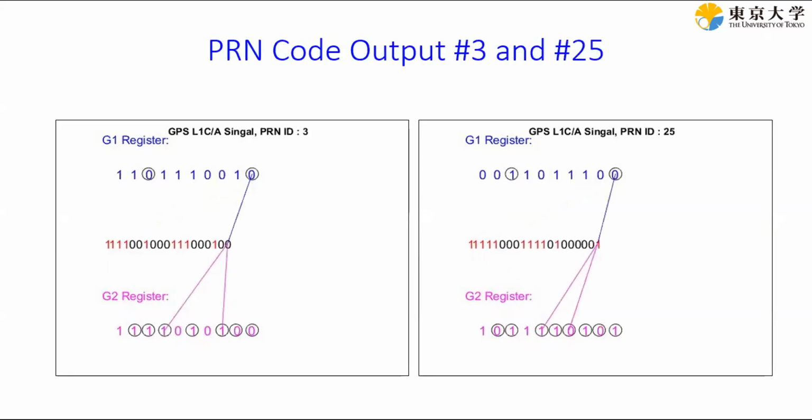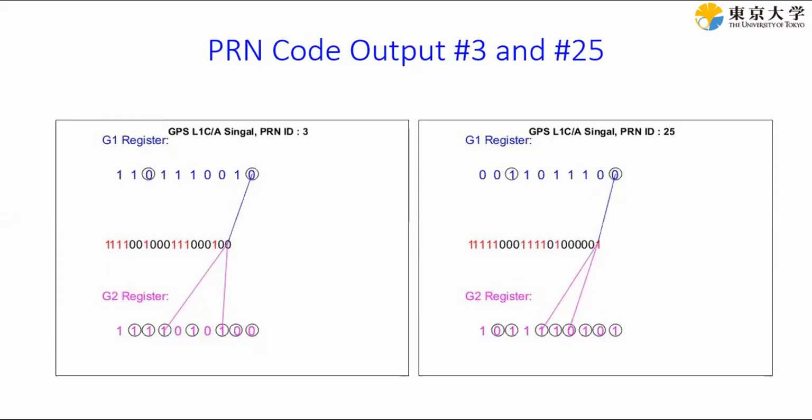Okay. So you see, for PRN code 3, we have this and this 2 taps, but for 25, it's here and here. So by taking different taps, you get different code outputs here. Now, if you look at these two, they are completely different, but it looks random. So that's the meaning of pseudo random.